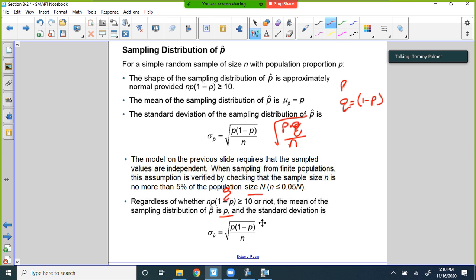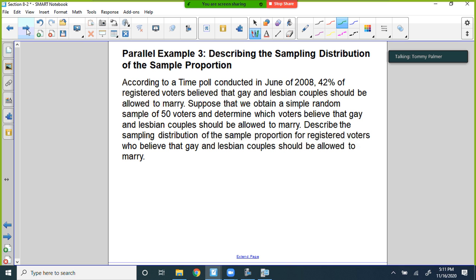So any questions on that? Right now it's just a bunch of theory until we start to use it. So let's start to use it. Example 3, describing the sampling distribution of the sample proportion.